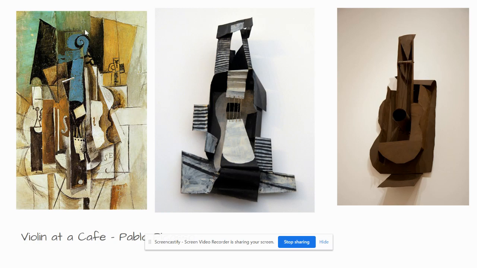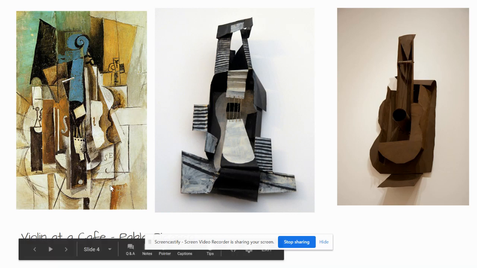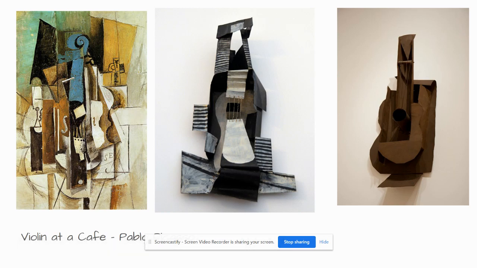And you can see this in the guitar and how it's been broken into pieces and different views and cut up into these flat shapes and forms and placed so the viewer could see the guitar from different angles all in one picture. You get that same sort of feeling with his sculpture here.